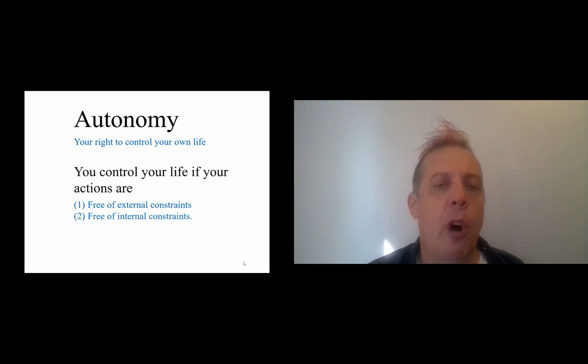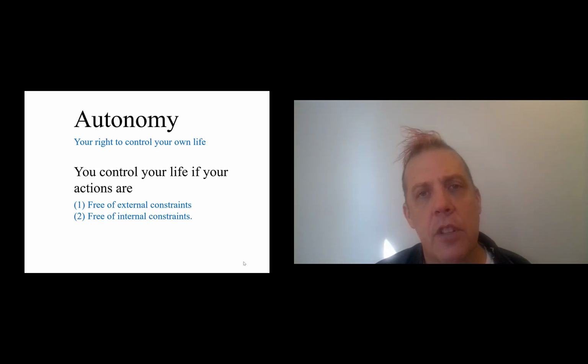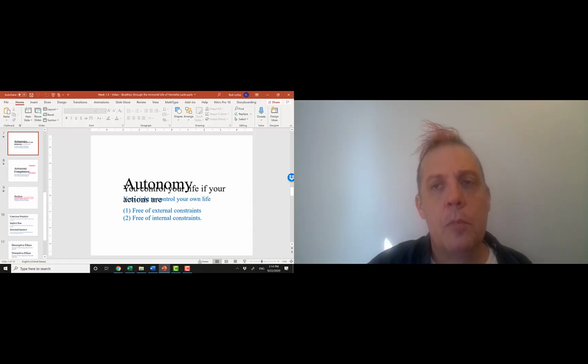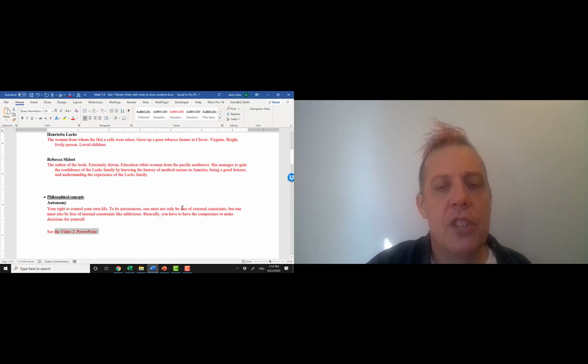And it involves both being free of external constraints and internal constraints. So the easiest example of an internal constraint here is addiction. If you are addicted to, say, heroin, this is putting a limit on your autonomy. It's not coming from someone else, though. It's coming from inside you. So, well, what can we say over here?